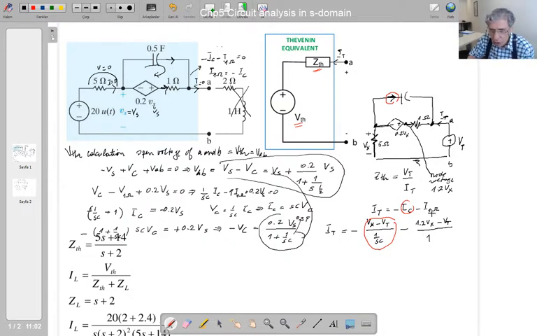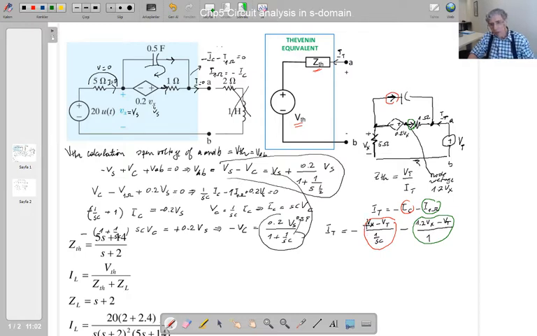So that's that current. So let me show it to you in a green. So what I am saying, this current here is this current, and this current is equal to this one in terms of node voltages.